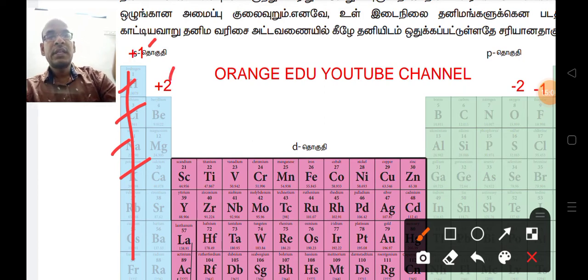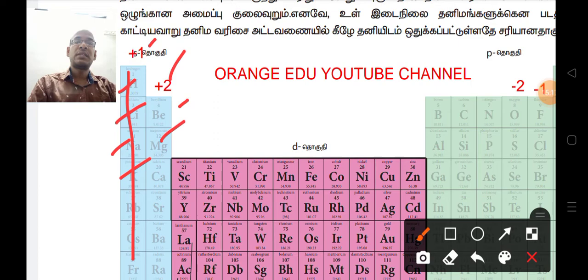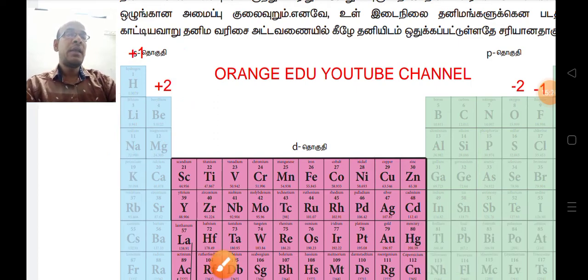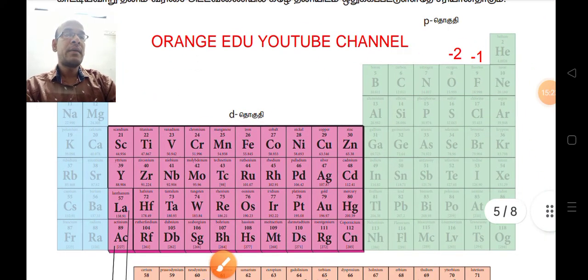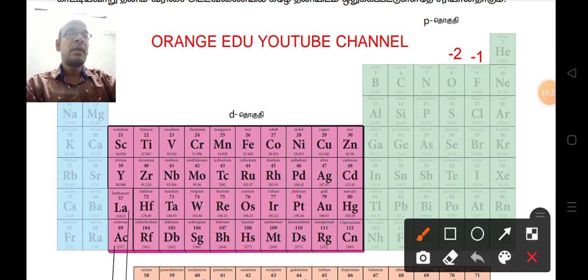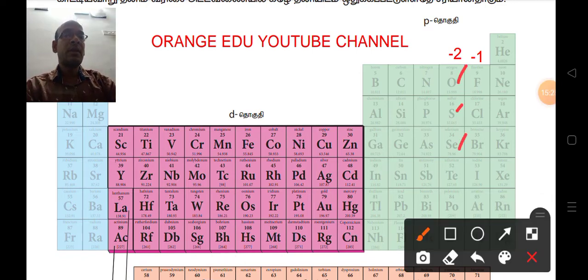Second group has the plus 2 charge. Likewise, this oxygen, sulfur, selenium group, the 16th group elements, has the minus 2 charge.